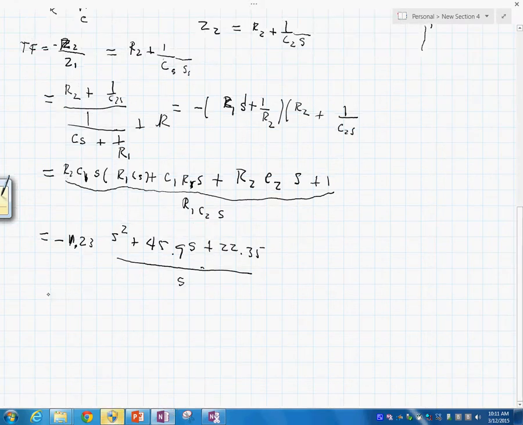See here, the transfer function is made of a gain, which is 1.232.